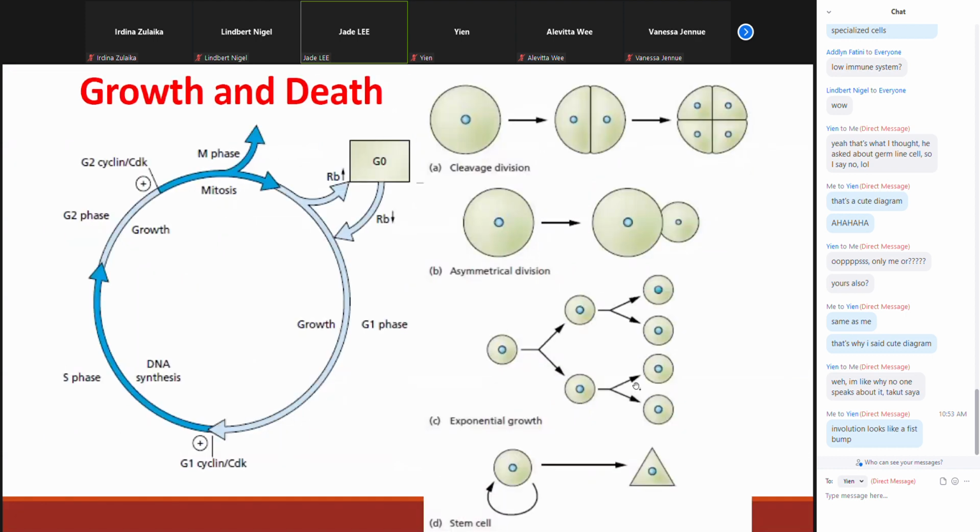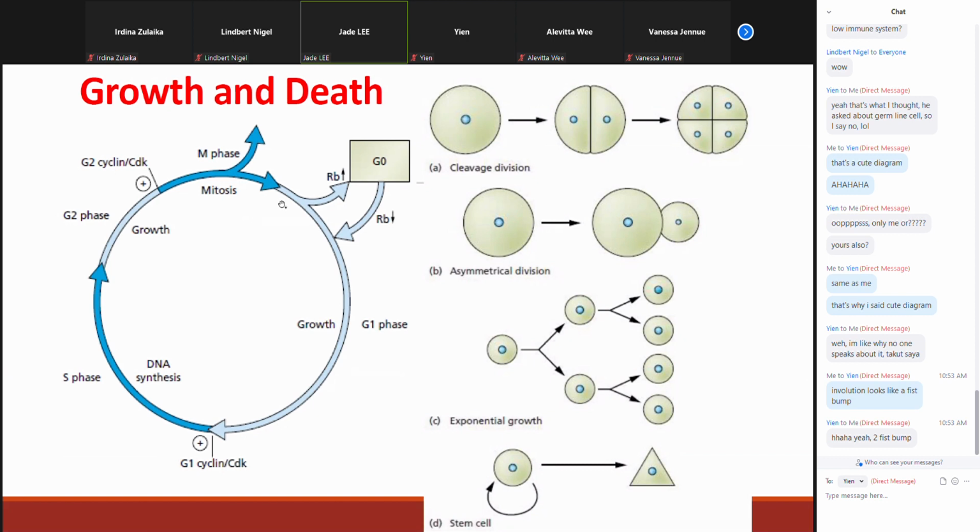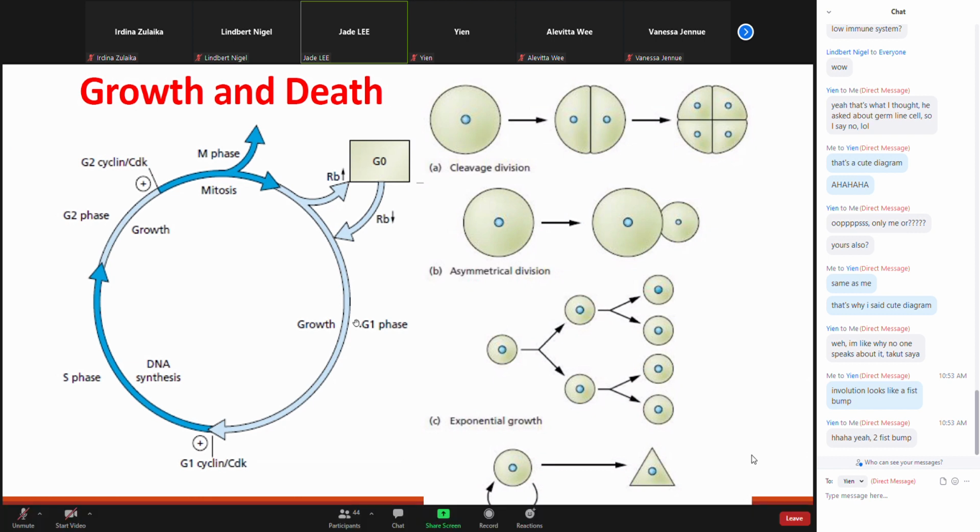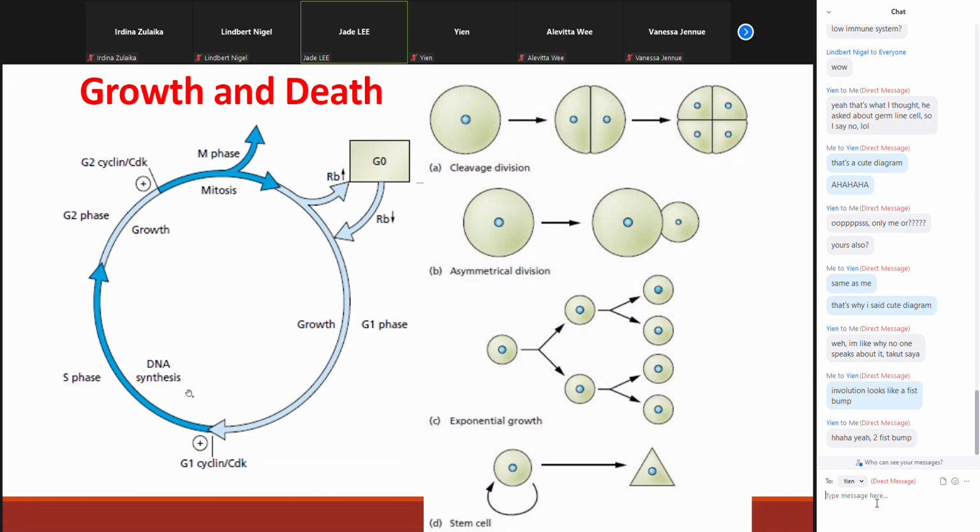And this is the growth and death. I believe you have seen this before. So this is like a cell cycle, whereby you can see G1 is a resting phase, then go to the growth, then we go to the DNA synthesis, go to growth, and then go to the cell divisions, which involve mitosis, whereby you have the metaphase, anaphase, telophase, and there are 4 phases there.